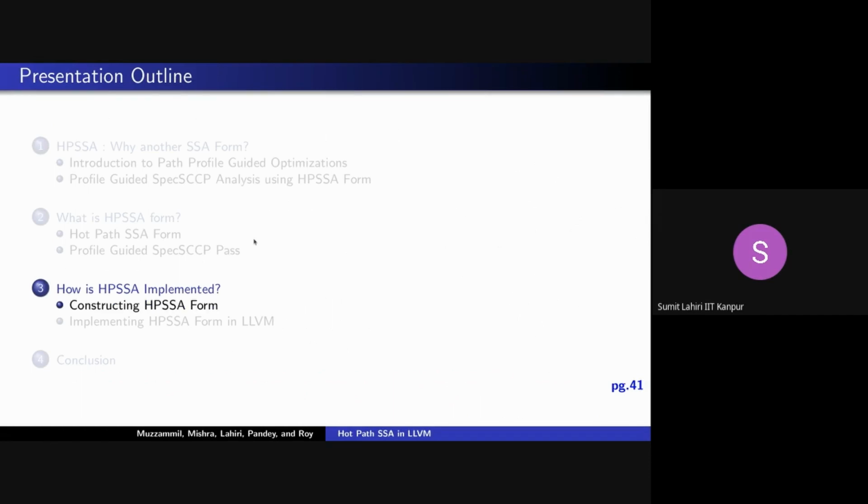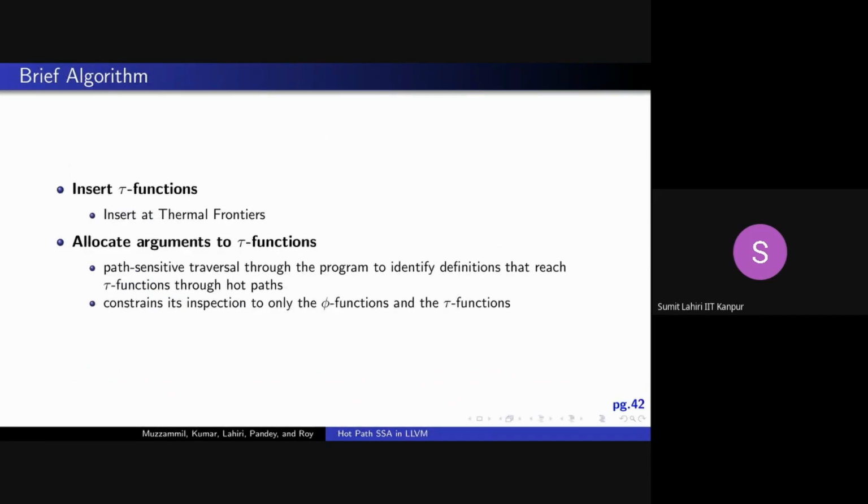So how did we construct the HPSSA form? The tau functions, similar to phi functions that are inserted at the iterated dominance frontier, are inserted at iterated thermal frontiers.